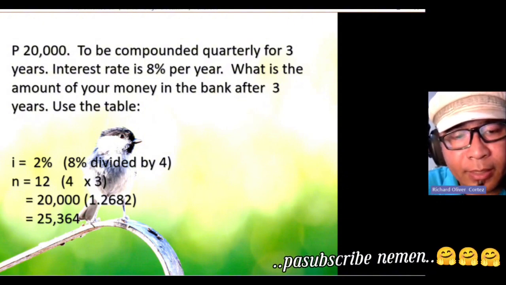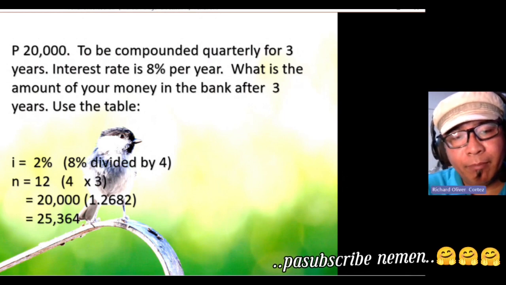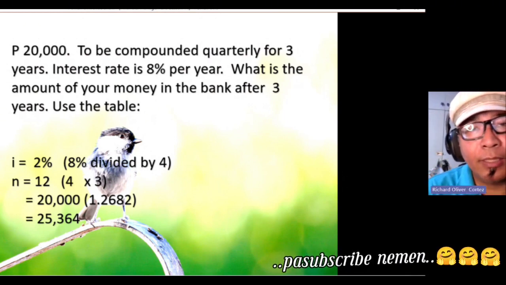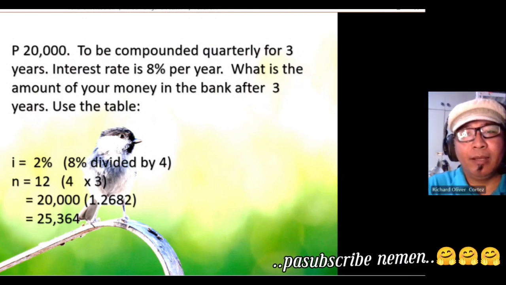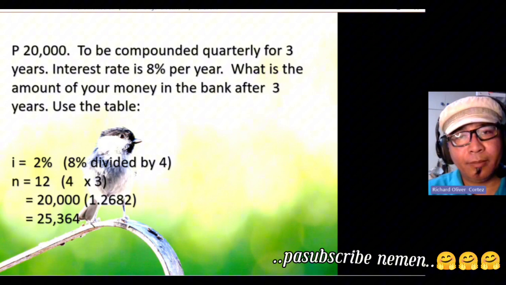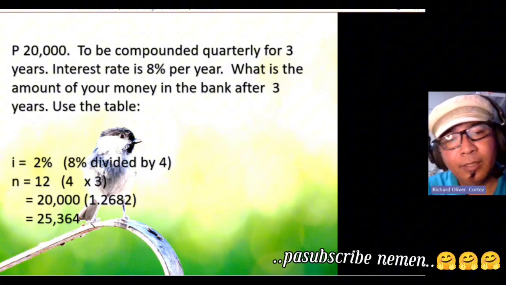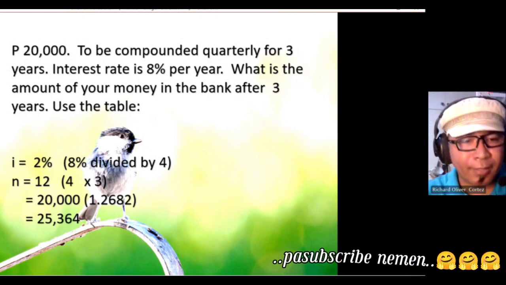5,364. We just deduct 25 less than 20,000. So compound interest is 5,364. So malaking pera, no? Imagine, after 3 years time lang, yung pera mo ay nag-yield ng interest na 5,364.